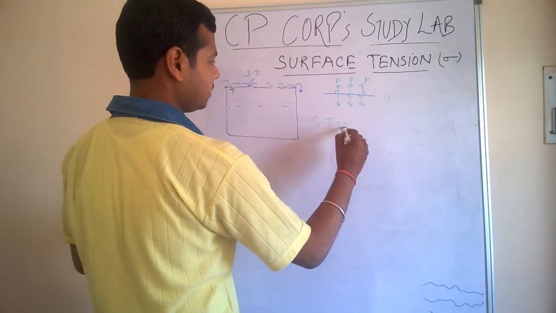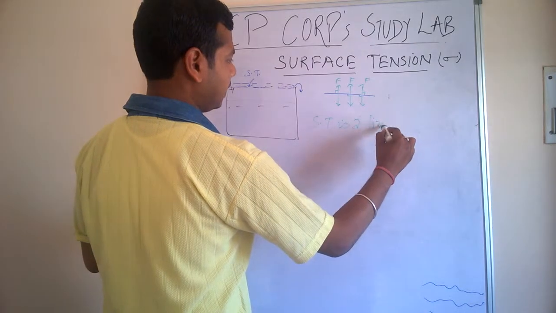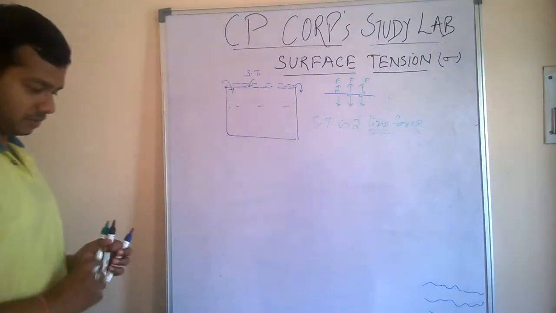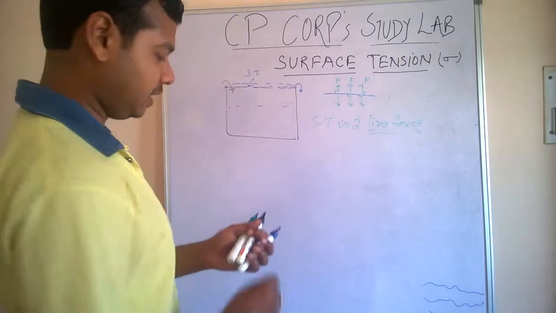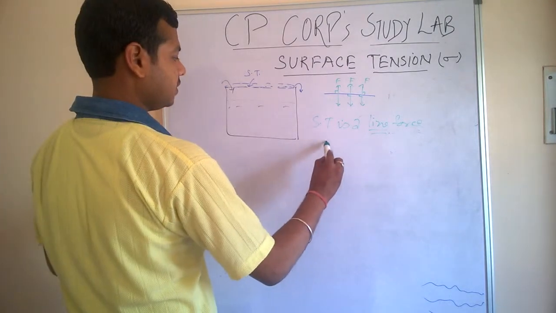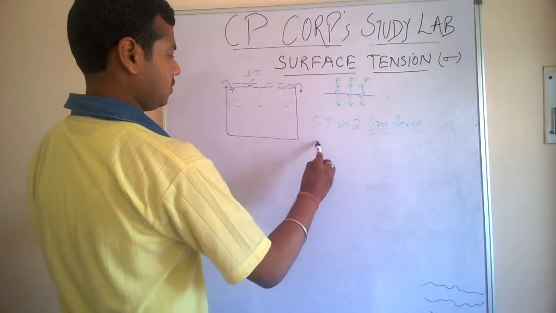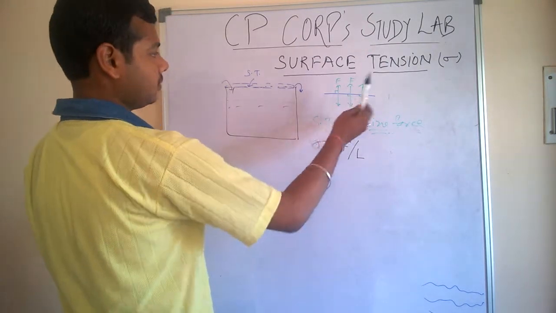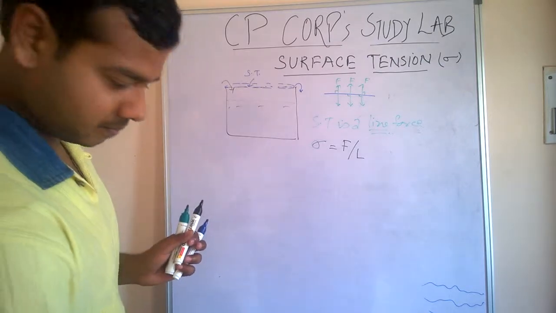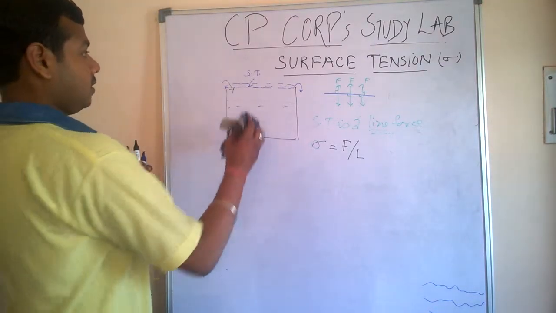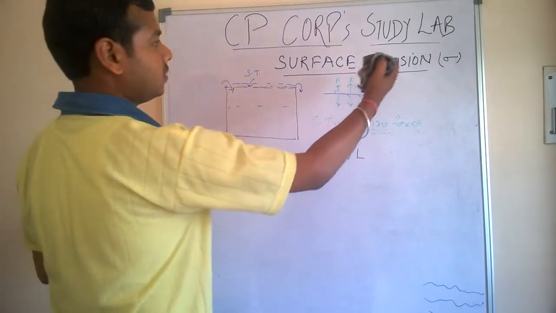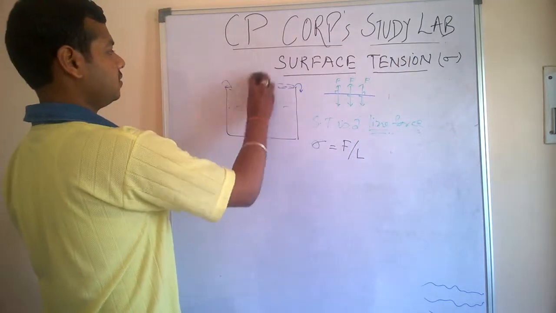Line, remember that word, line force, and its magnitude is given by force per unit length. By adding detergent or soap, you can decrease the surface tension.